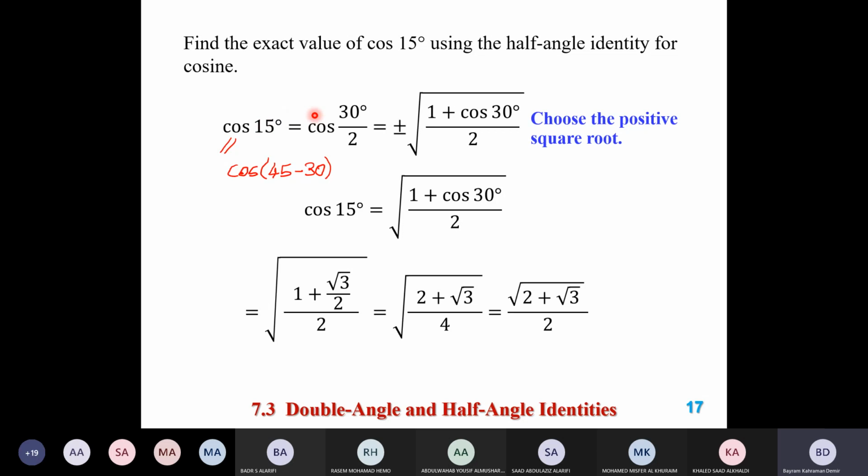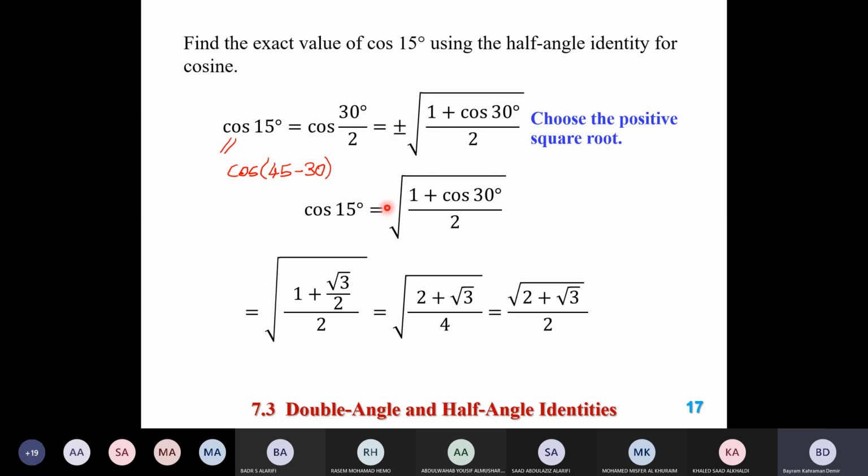Instead of 15, you can write it as 30 divided by 2, half of the 30, right, Shabab? Now, since you know the cosine of 30, you can calculate it: square root of (1 plus cosine 30) divided by 2. And positive or negative, which one are you going to choose?